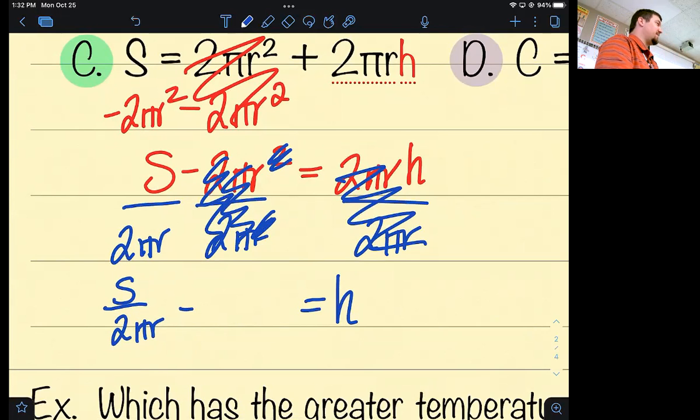Sky, help her out. R. Just R. So the 2's cancel out, the pi's cancel out, and remember, like last time, this is pi, this is R squared. Divide R squared by R to the first power, and you're just left with R. So S over 2 pi R minus R equals H.